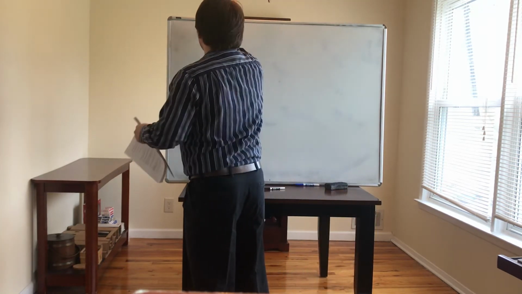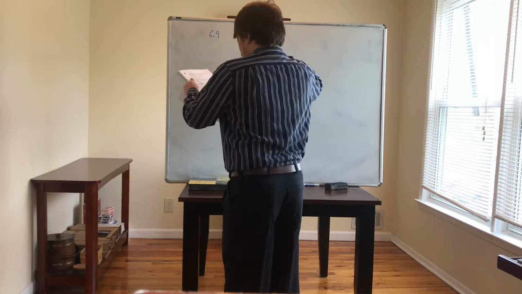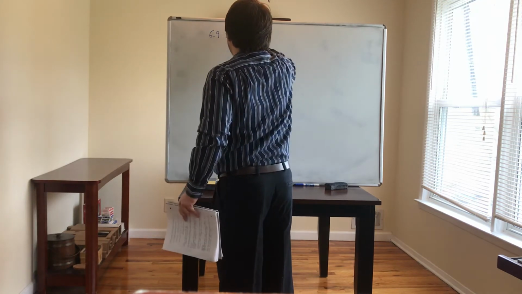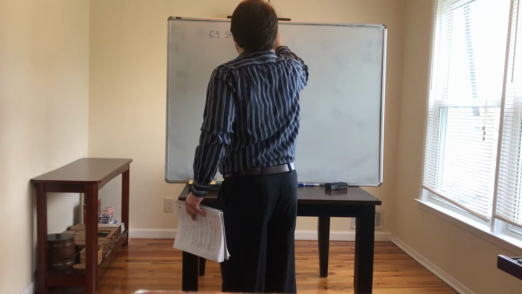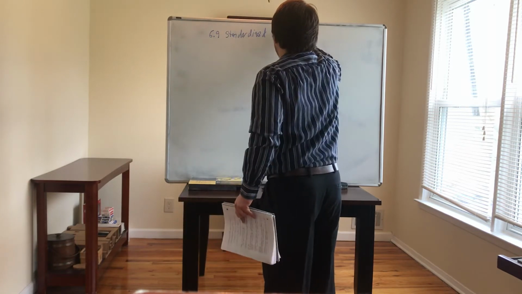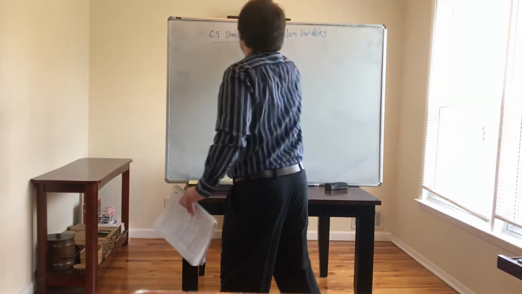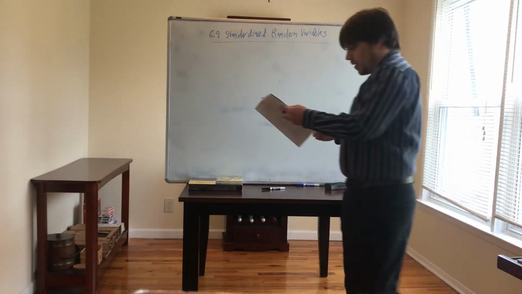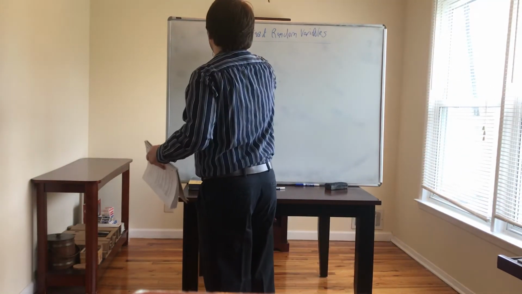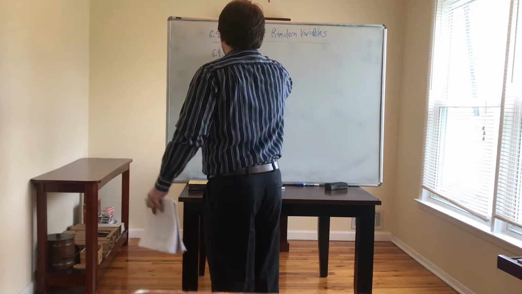Okay, so now we're up to 6.9, which is standardized random variables. 6.9.1 is related theorems.